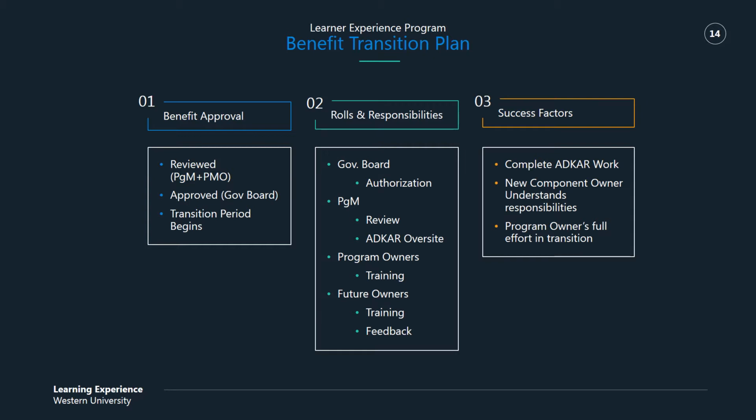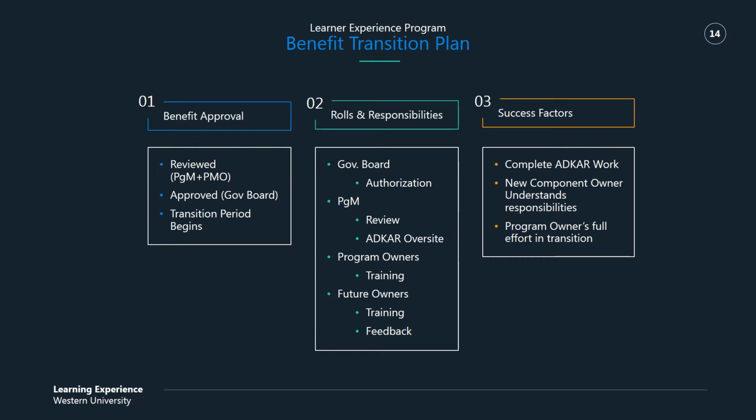Our current program owners, those will be the ones conducting the training and providing feedback to the future owners. And then the future owners will be providing feedback back to the program in general, as a part of our ADKAR feedback loop, to make sure that the new solutions and benefits are all working with the people that are conducting it.